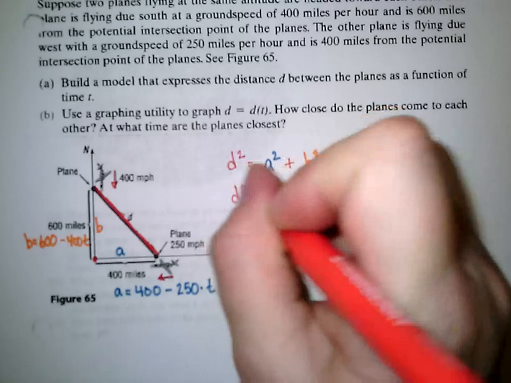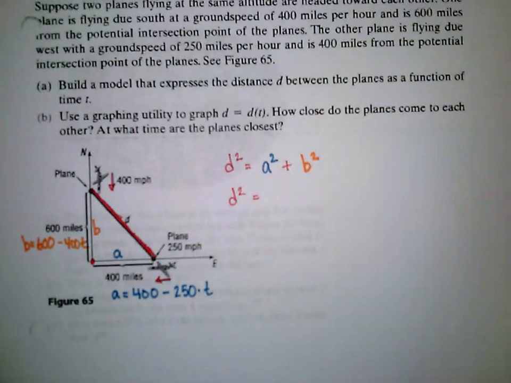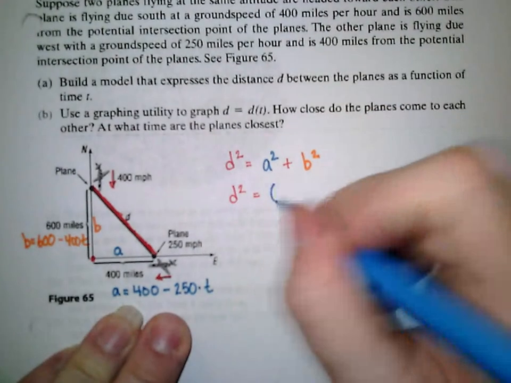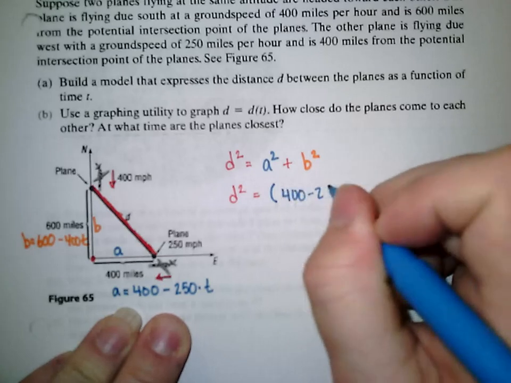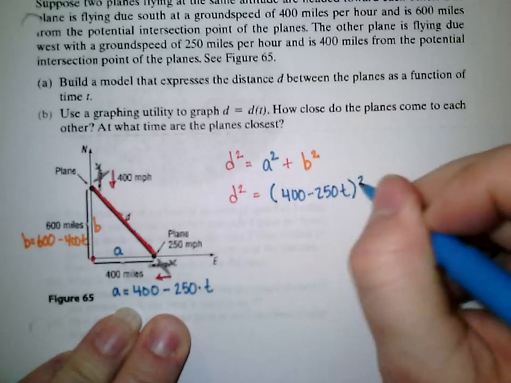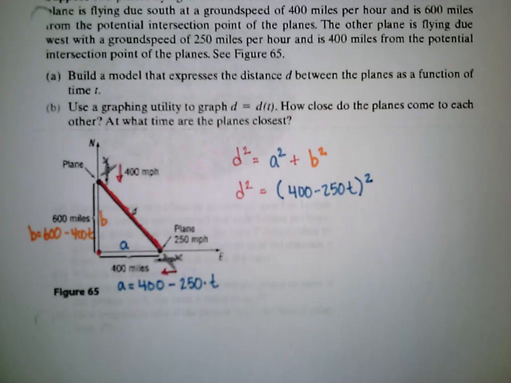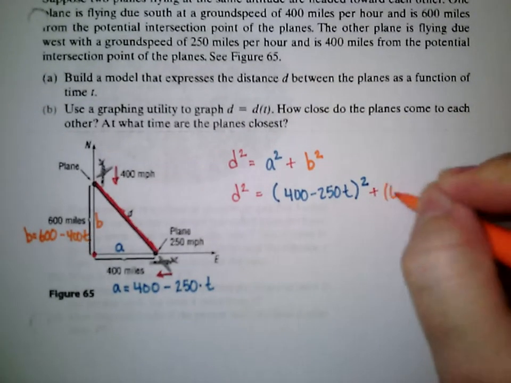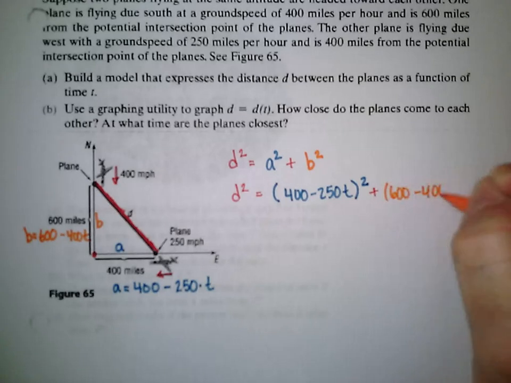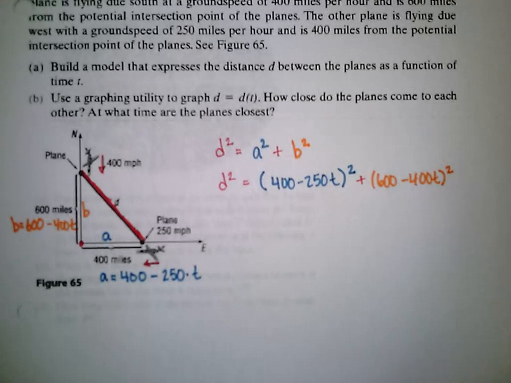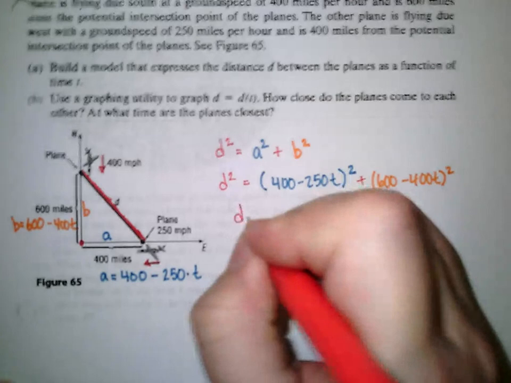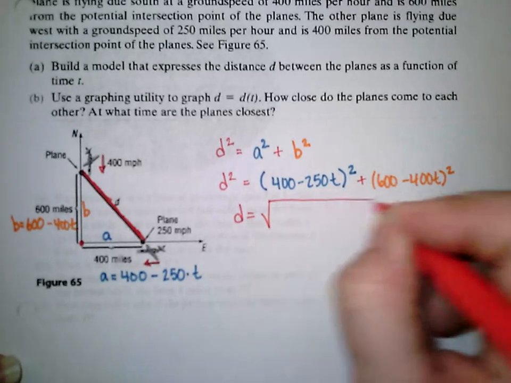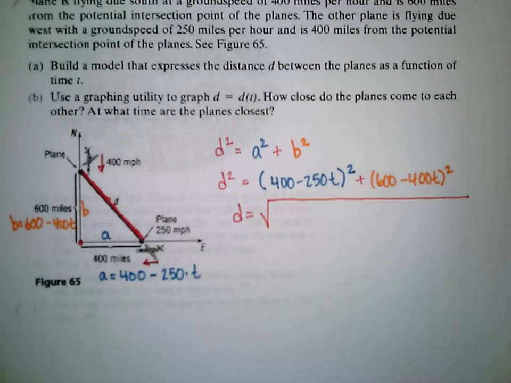So now our formula becomes d squared equals A squared, which would be (400 minus 250t) squared, and then B squared would be (600 minus 400t) squared. Then to get our distance, we'd have to take the square root of both sides.